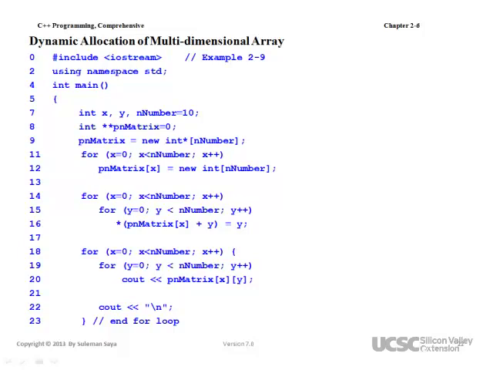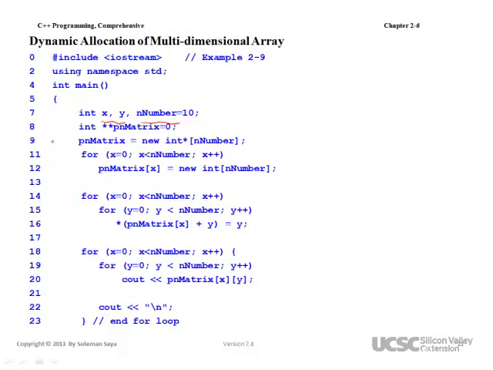Within the body, at line number 7, I'm creating or allocating a memory for x, y, and num. This memory is going to be allocated where? On the stack. Okay, and num is also initialized.